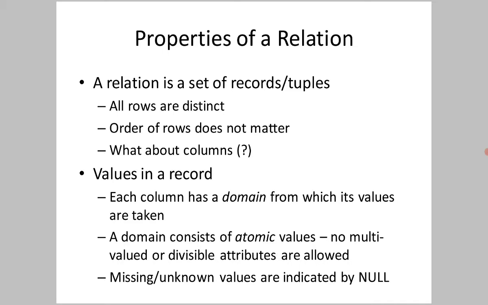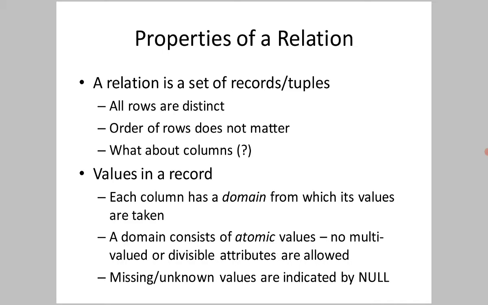Each column has a domain from which its values are taken. A domain consists of atomic values. No multi-valued or divisible attributes are allowed. Missing or unknown values are indicated by null. So generally in each record we have different columns, and each column has a domain. What is a domain?